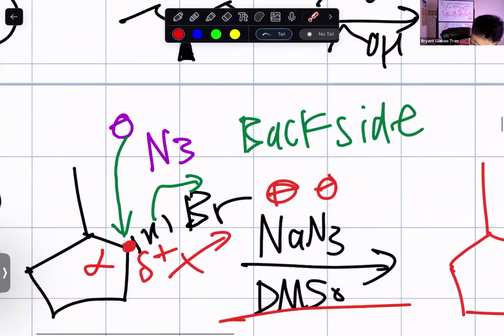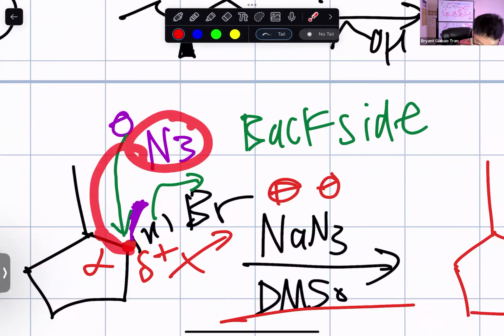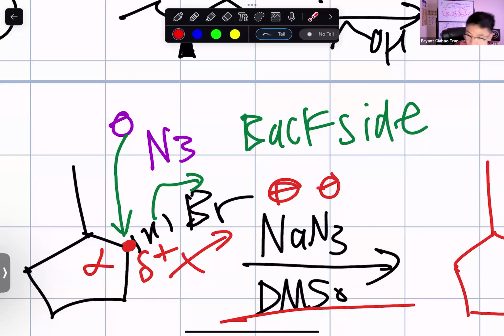This nucleophile here, N3 minus, it's going to want to attack that electrophile, but in order to do so, it needs to have less steric hindrance, right? If this was tertiary, for example, then that would create too much steric hindrance, less space for this nucleophile to come in and attack, right? More room for backside attack, right?